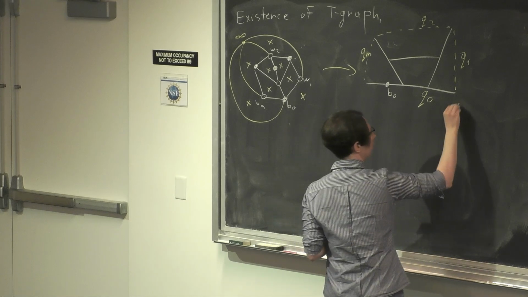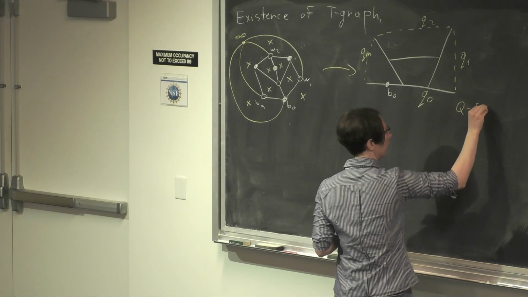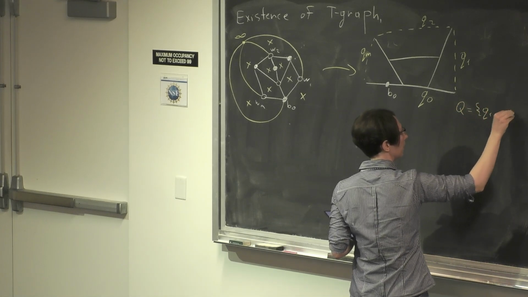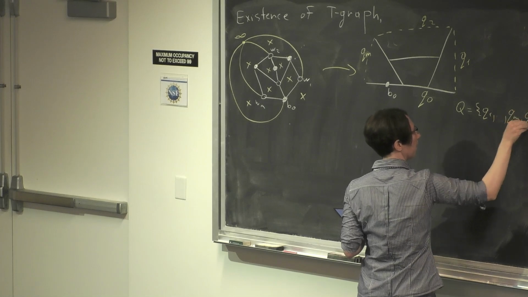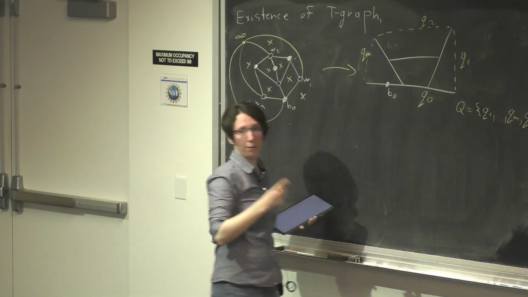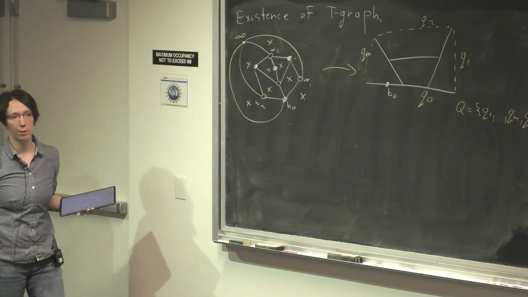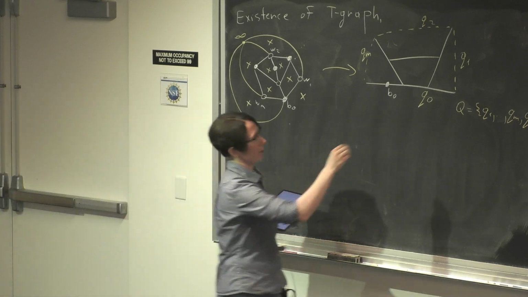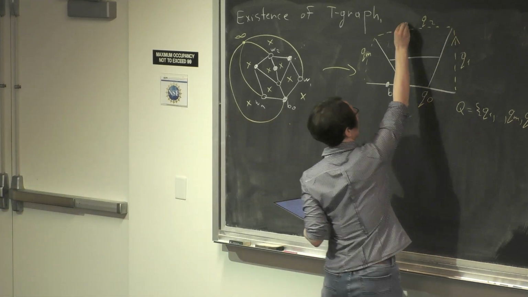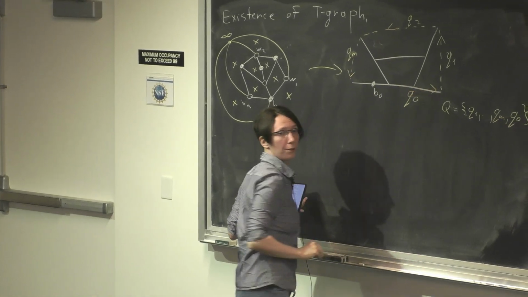So Q is a generic convex polygon with sides which are given by complex numbers Q1, Q2, etc., Qm, Q0.